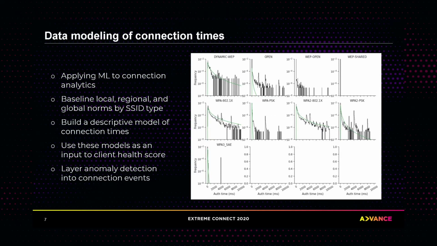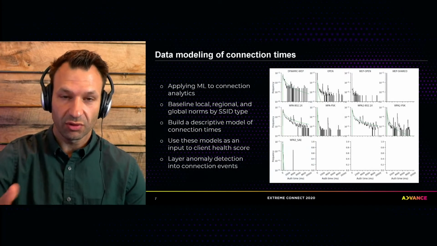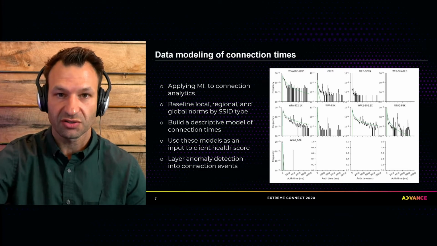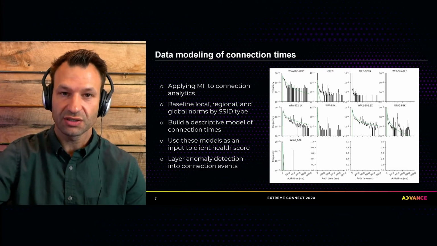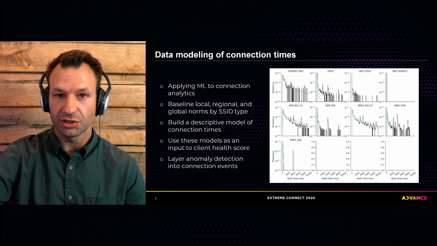So when you break down those three pieces of the puzzle, the first thing that we did was look at the data that we had, both globally, regionally, and then also built layers so that you can process this on a per customer local basis. We looked across different authentication or connection types and identified how long it takes on average for a client connection for a specific authentication type.